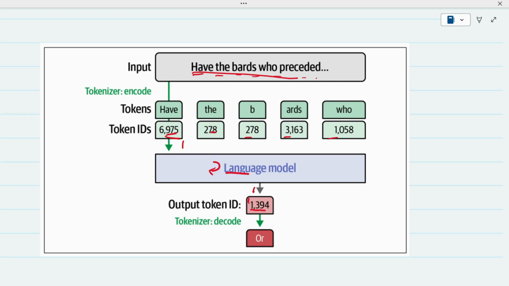Then we need to decode that token ID, what token 1394 means, and this is handled by the tokenizer itself. So the tokenizer encodes the input text, we pass it to the language model, the language model generates a token ID, and the tokenizer then decodes that token ID into a word again. You can say the word is converted into a number, a token ID, and then that number is converted into a word again. This whole process is done by the tokenizer, as simple as that.